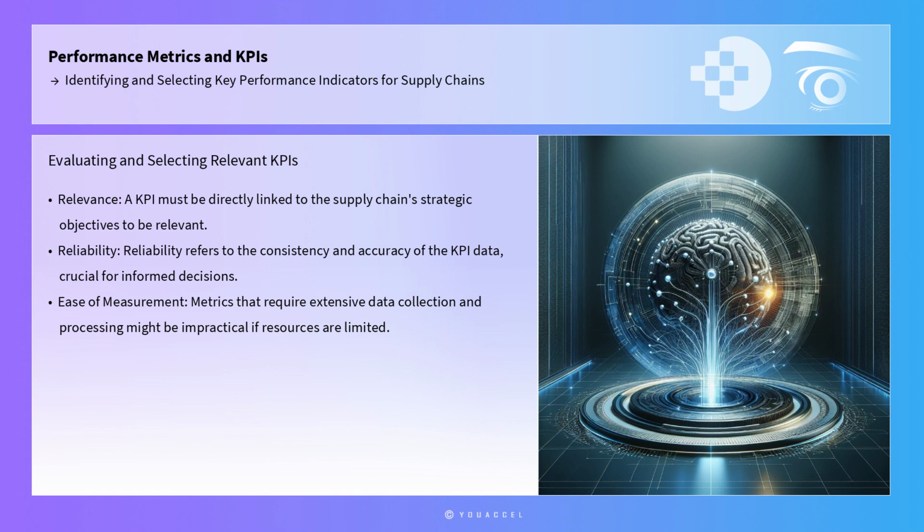Reliability refers to the consistency and accuracy of the KPI data, which is crucial for making informed decisions. Ease of measurement considers the availability and quality of data required to track the KPI. Metrics that require extensive data collection and processing might be impractical if resources are limited.